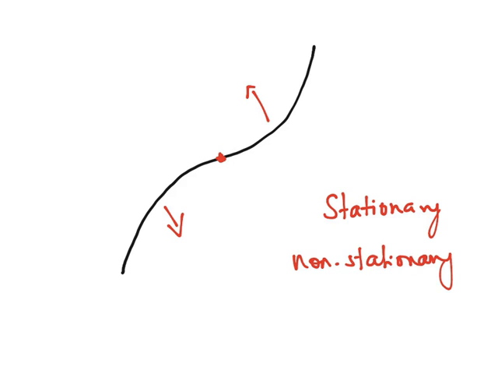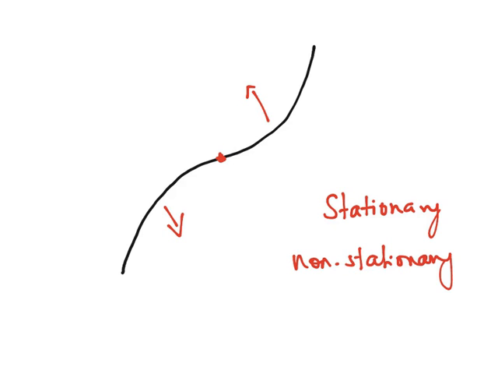Now as I mentioned, there are two types of points of inflection, a stationary point of inflection and a non-stationary point of inflection. We are going to learn more about both these kinds with diagrams. So let us continue.